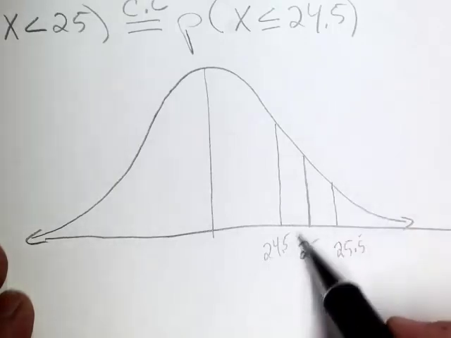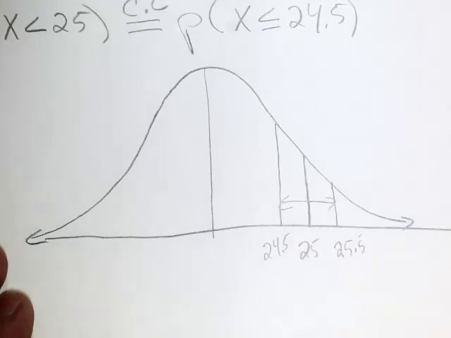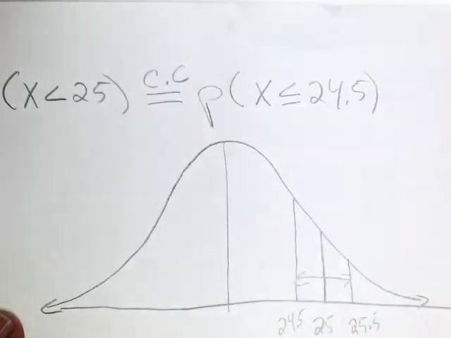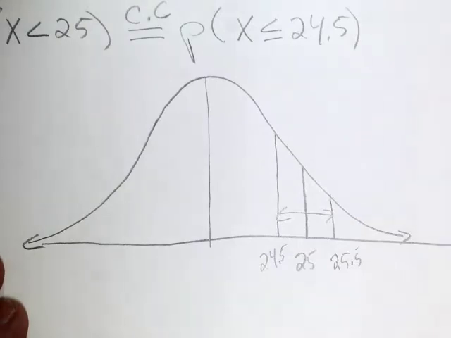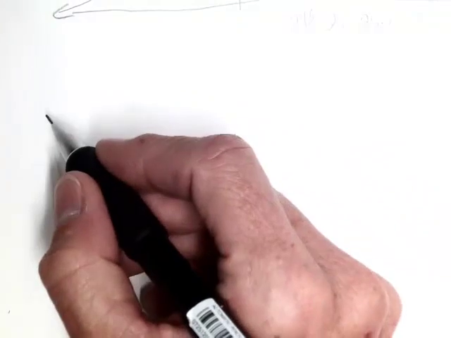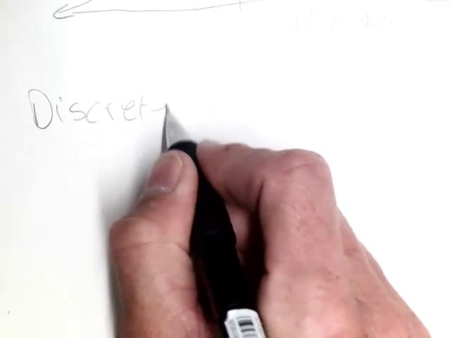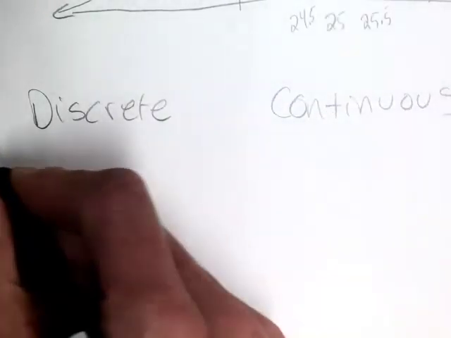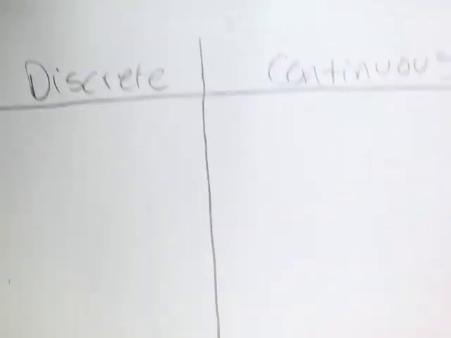So the number 25 is this area here in the continuous case. So going back up here, if I'm not including the 25, then I need to stop at 24.5. Okay? So let's go ahead and do some conversions between discrete and continuous, and hopefully this will help you with your homework.